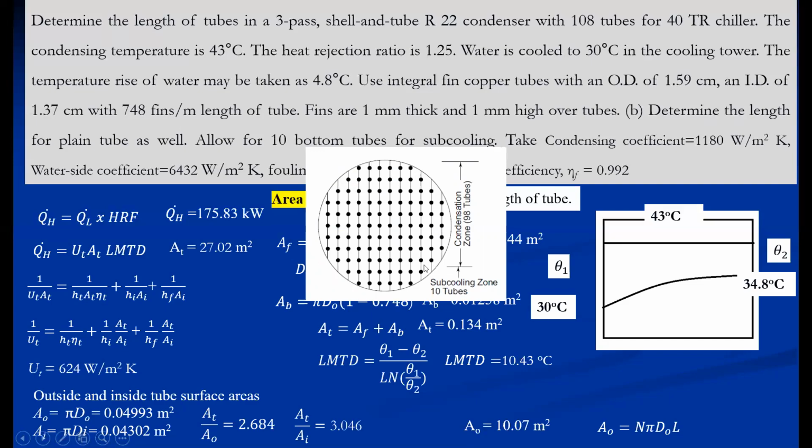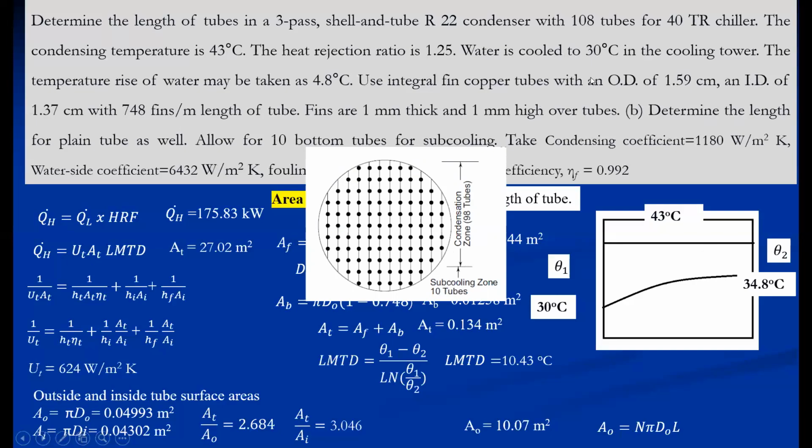Out of that, the bottom tubes are spared for subcooling. Only for condensation, 98 tubes are used. So we have to consider the tubes available, because the area we have calculated uses only the condensation process. Subcooling is not considered here. So we have to subtract 10 tubes from the total tubes.